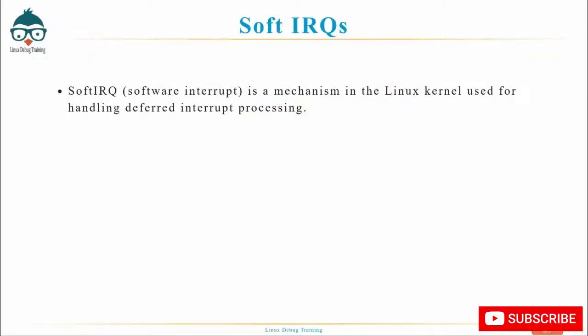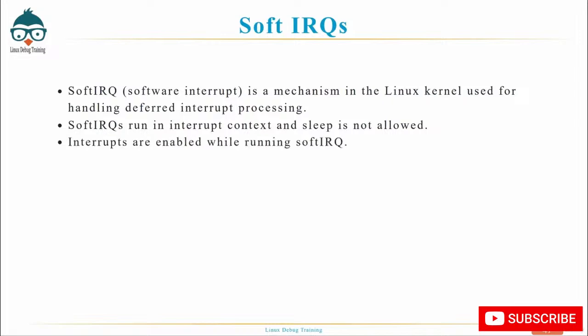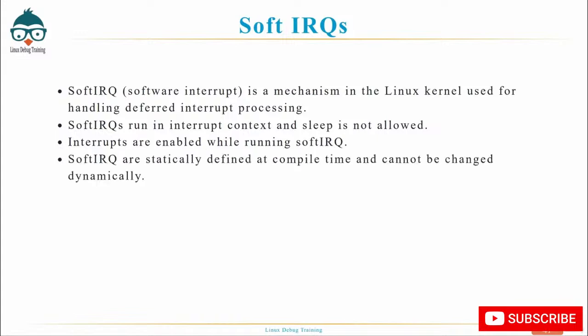Soft IRQs, or soft interrupts, are a mechanism in the Linux kernel used for handling deferred interrupt processing. Soft IRQs run in interrupt context, and sleeping is not allowed. Interrupts are enabled while running soft IRQs. Soft IRQs are statically defined at compile time and cannot be changed dynamically.